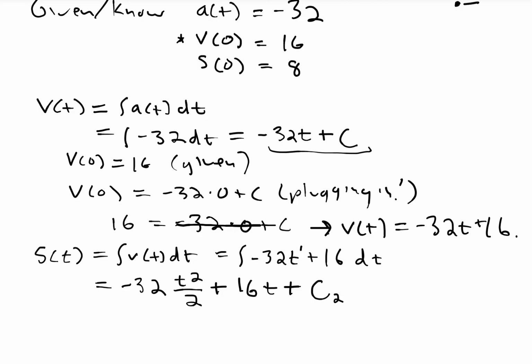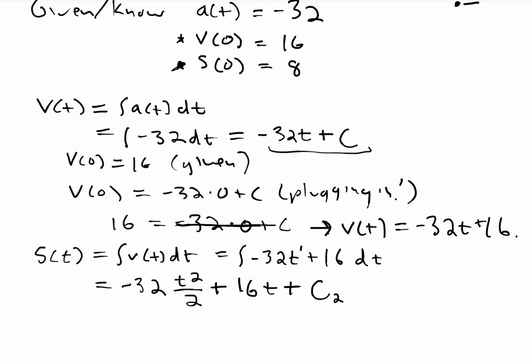Okay. So, two ways that I can think about obtaining s of 0 here. Either I can think about what was given to me, okay, this s of 0 being 8, or I can think about plugging in, okay?